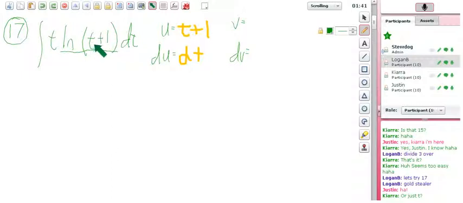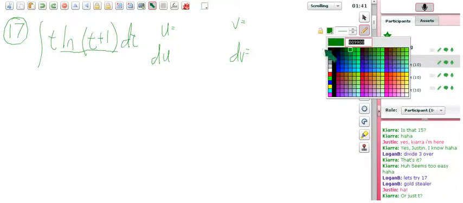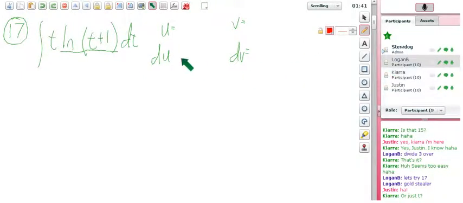A couple of reminders about integration by parts. Let me pick another color. Remember that we're trying to set it up so that we're taking the integral of u times dv.